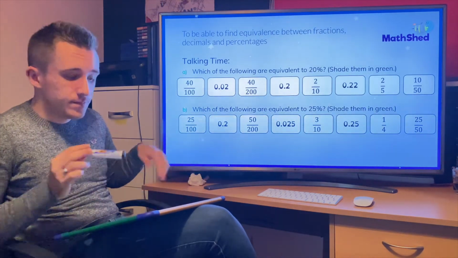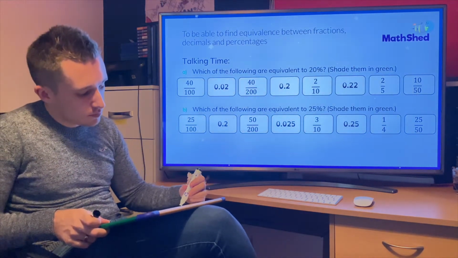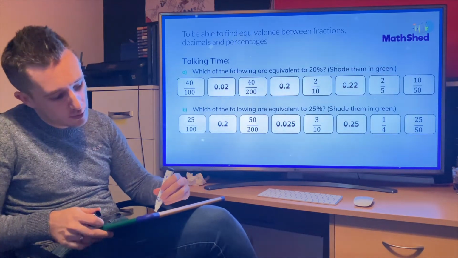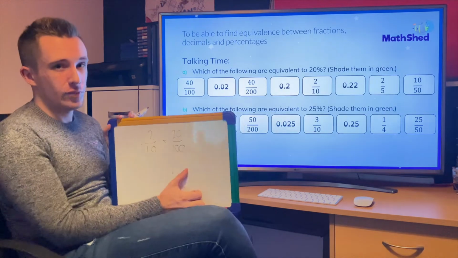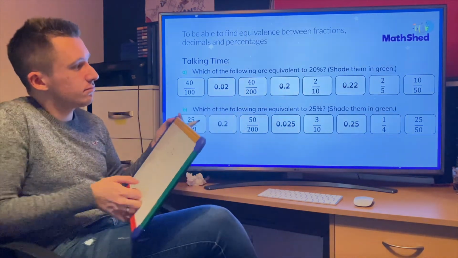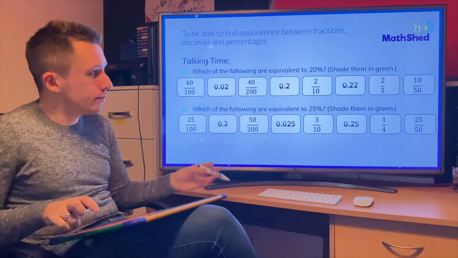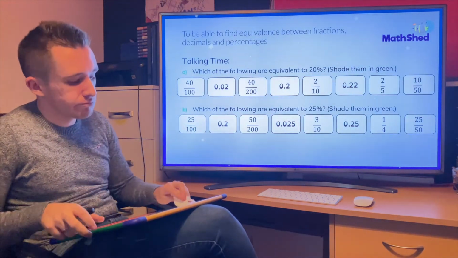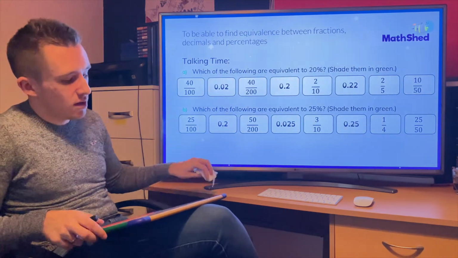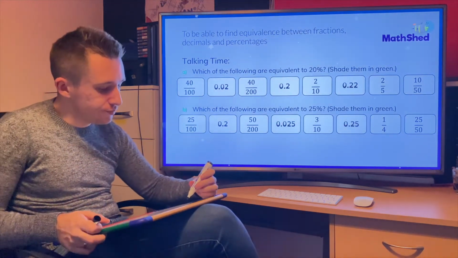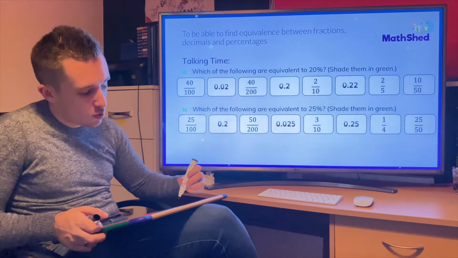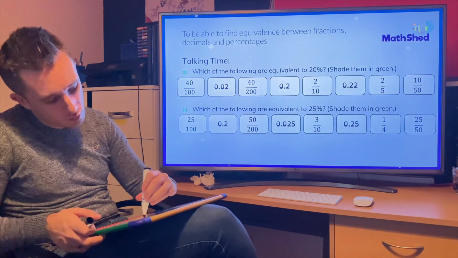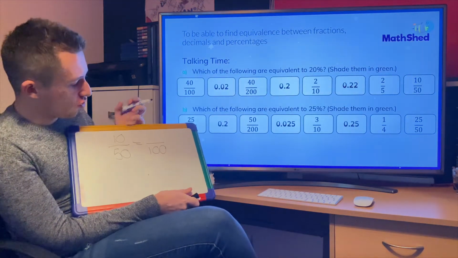2 over 10 is the same as 20 over 100, so that would be 20%. 0.22, no. 2/5, no. 10 over 50, again, it's over 50, not 100, so we need to transform it. 10 over 50 equals something over 100.